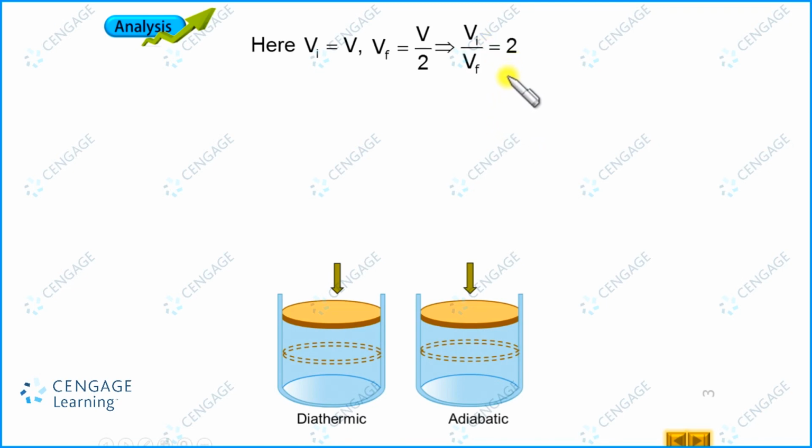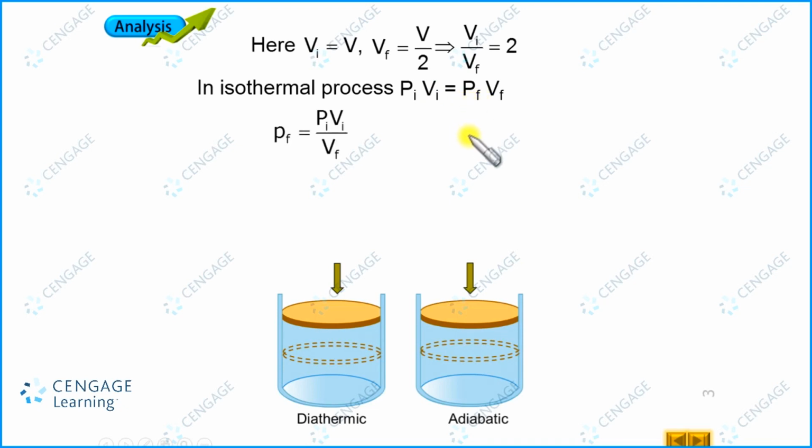In the isothermal case, we can apply P1 V1 equal to P2 V2, or P initial V initial equal to P final V final, right? And here we can write P final equal to P initial V initial divided by V final, right? After substituting the value, we can write the final pressure in this case is equal to twice the initial pressure.